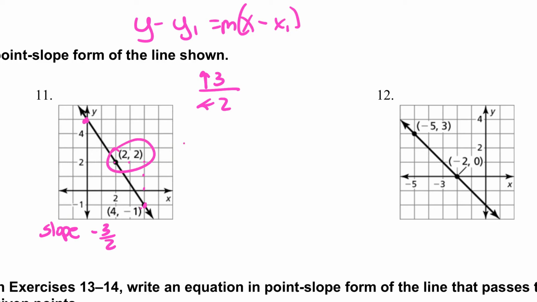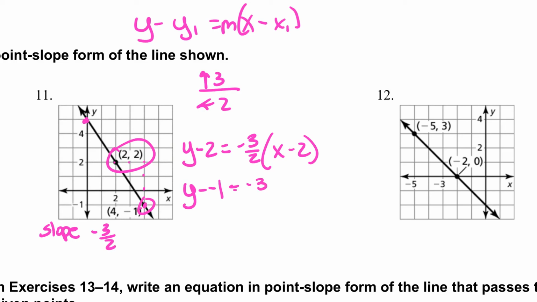I'm going to choose this point right here. So I'm going to choose my equation, y minus 2 is equal to negative 3 over 2 times x minus 2. But you could have chosen this point and gotten y minus negative 1 is equal to negative 3 over 2 times x minus 4. So y plus 1 is equal to negative 3 over 2 times x minus 4.